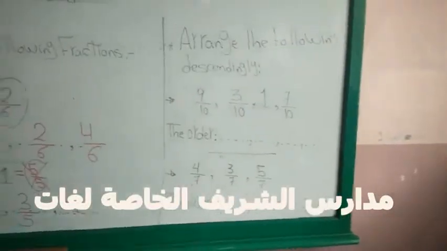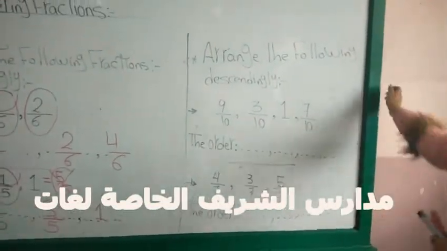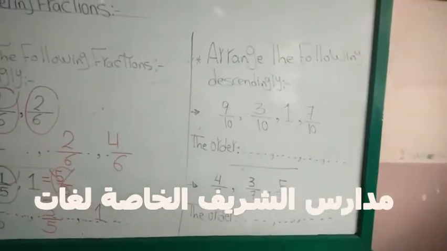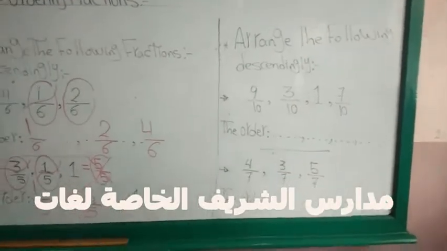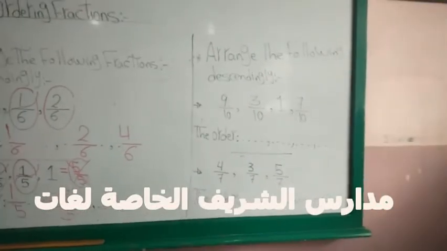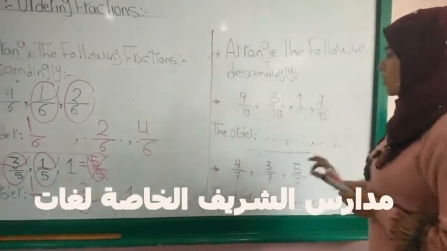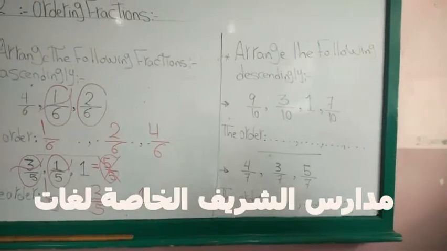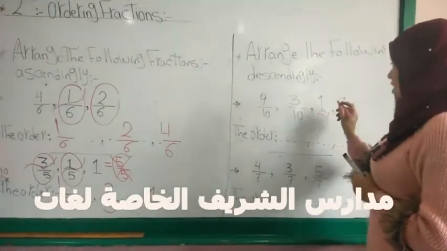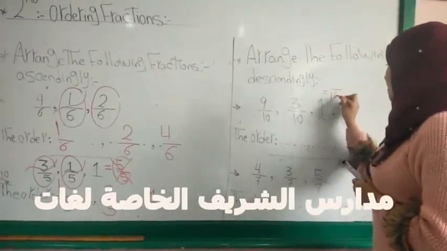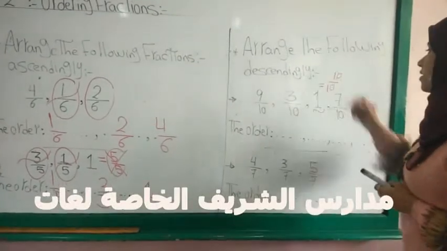And our exercise is arrange the following descendingly, and descendingly means from the greatest to the smallest. Check at first that we have fractions with the same denominator. Now we have 1, and 1 equals how many tenths? It equals 10 tenths.